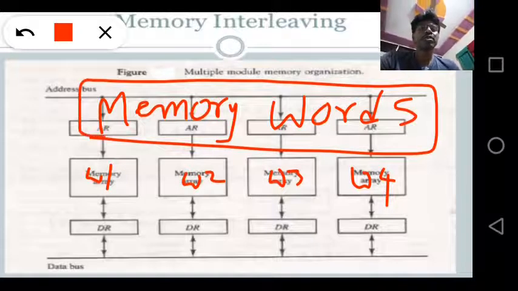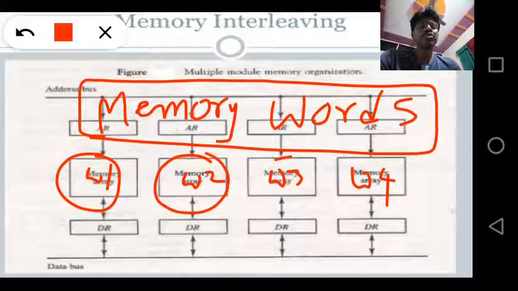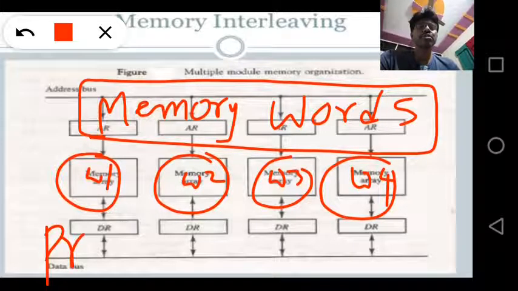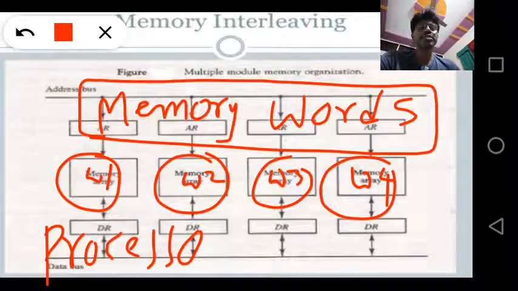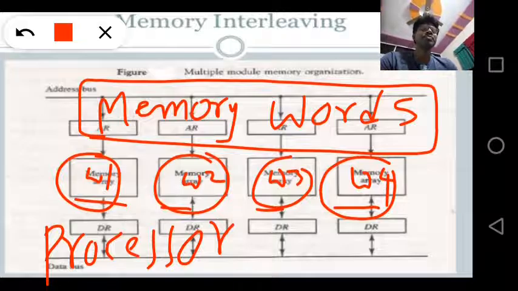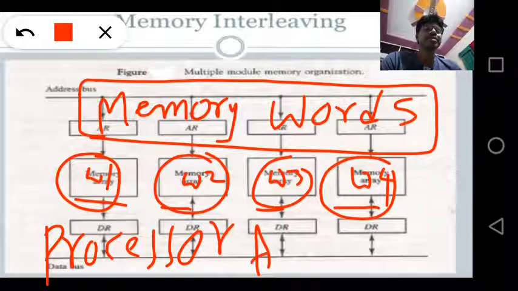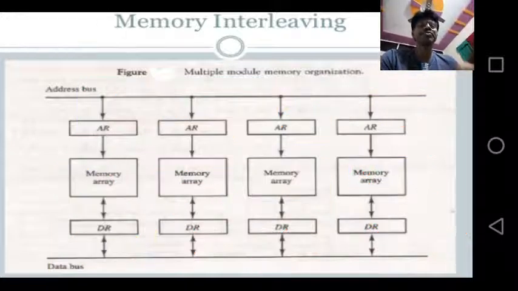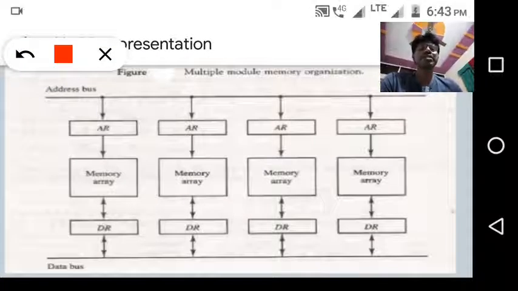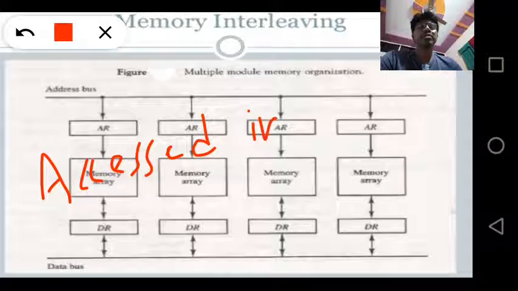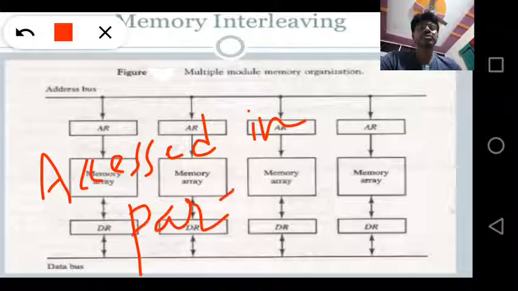So if the processor wants to access these w1, w2, w3, w4, they can be accessed in parallel.